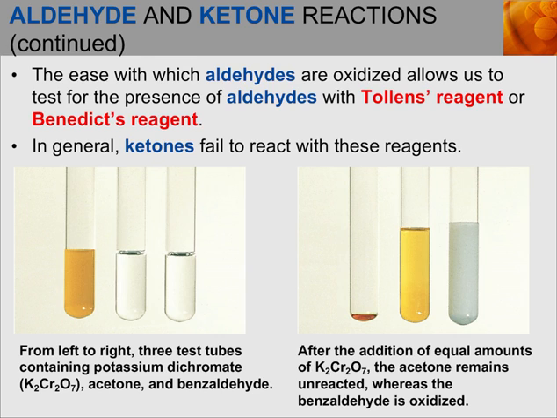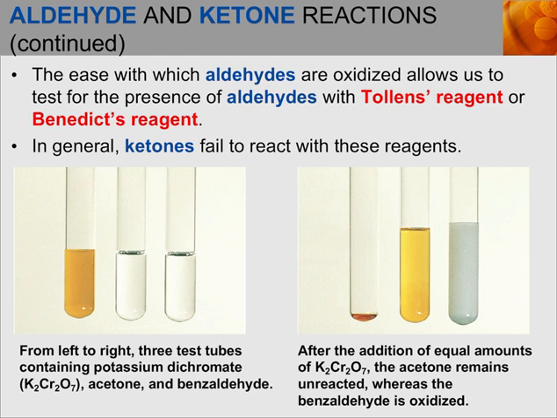So because aldehydes are easily oxidized and ketones are not easily oxidized, this allows us to test for the presence of aldehydes using special reagents. One of them is called Tollens' reagent, and then the other one is called Benedict's reagent. Now, ketones will not react with these reagents, but aldehydes will.